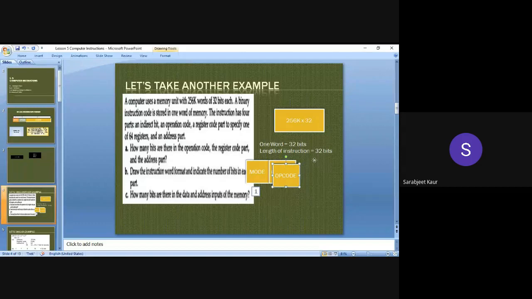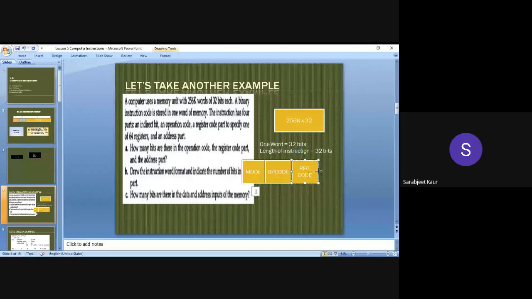We have seen that the basic computer uses how many registers? 8 registers. So if we want to perform an operation with one of the registers, then we need to specify with which register we want to perform the operation.